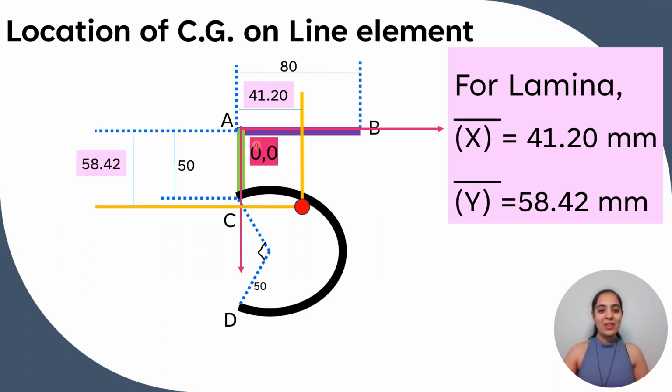See, from origin, the coordinate of CG of this complete linear element is 41.20, and on the y-axis it is 58.42. So this is the CG of this line element.